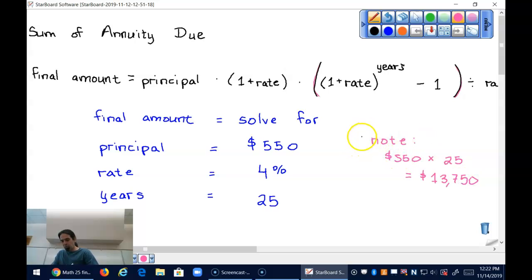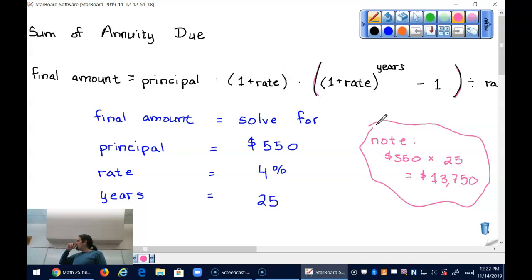So this tells me two things. One, if somehow I get an answer less than that, I've done something wrong, because I've put in 13,750 myself. And also that doesn't look like 550. It just gives me sort of a ballpark of how much am I actually earning from the interest in all of this.